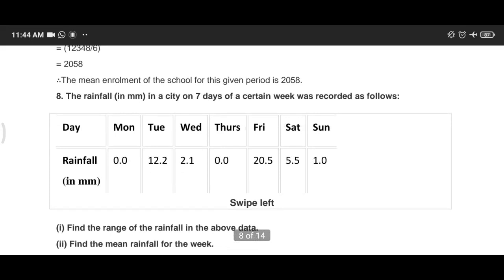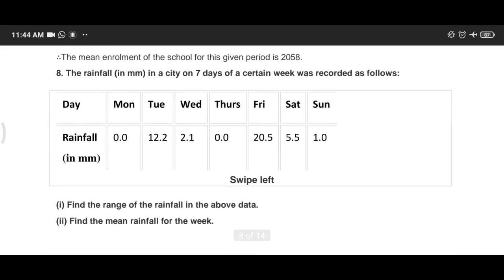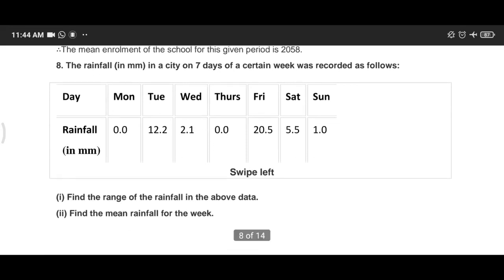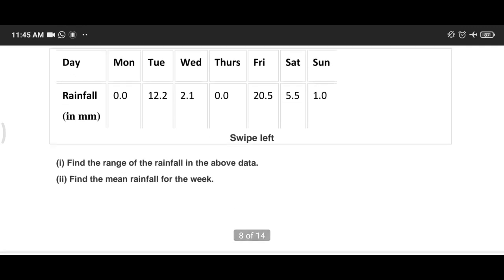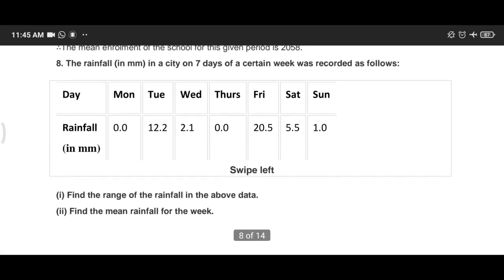Now in question number 8 you can see the rainfall is given for 7 days in a certain week. Monday 0.0, Tuesday 12.2, Wednesday 2.1, Thursday 0.0, Friday 20.5, Saturday 5.5 and Sunday 1.0. Find the range of the rainfall in the above data.